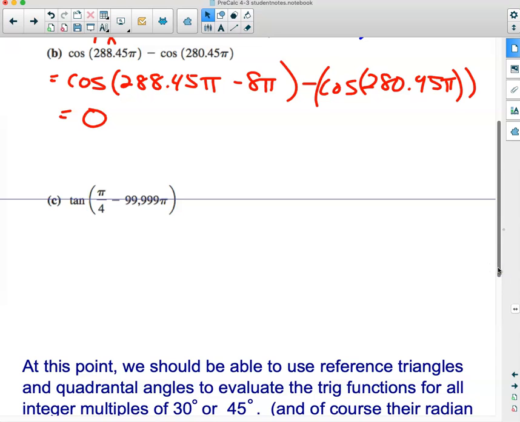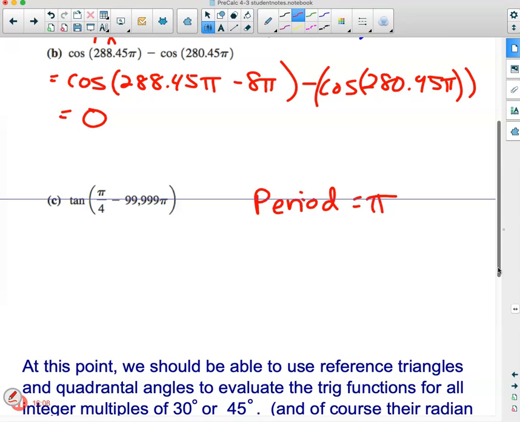This is tangent. So what do you switch in your brain to think about this one? 1 pi. Which actually makes these kinds of problems even easier.